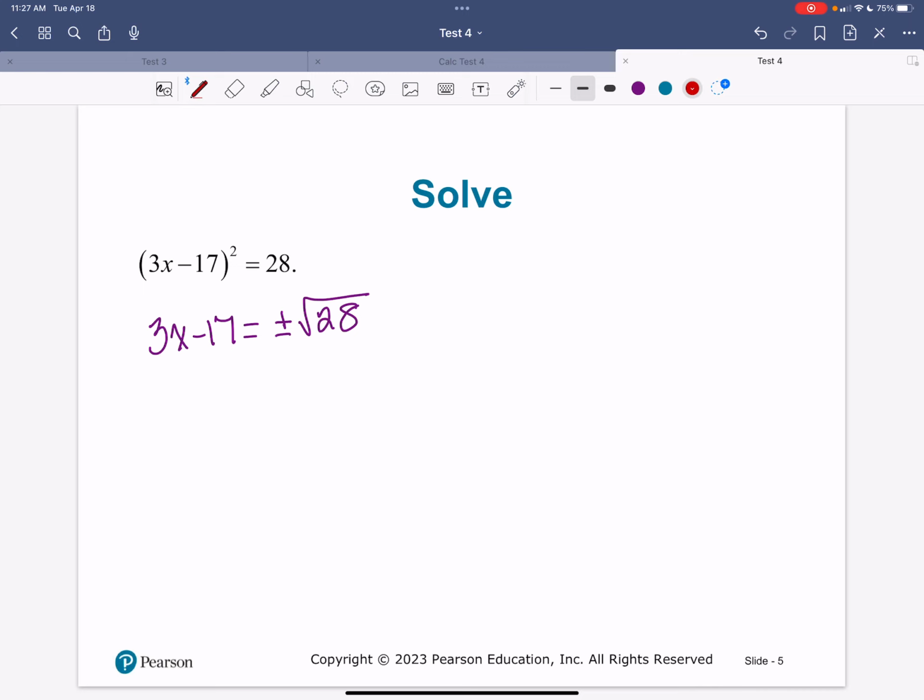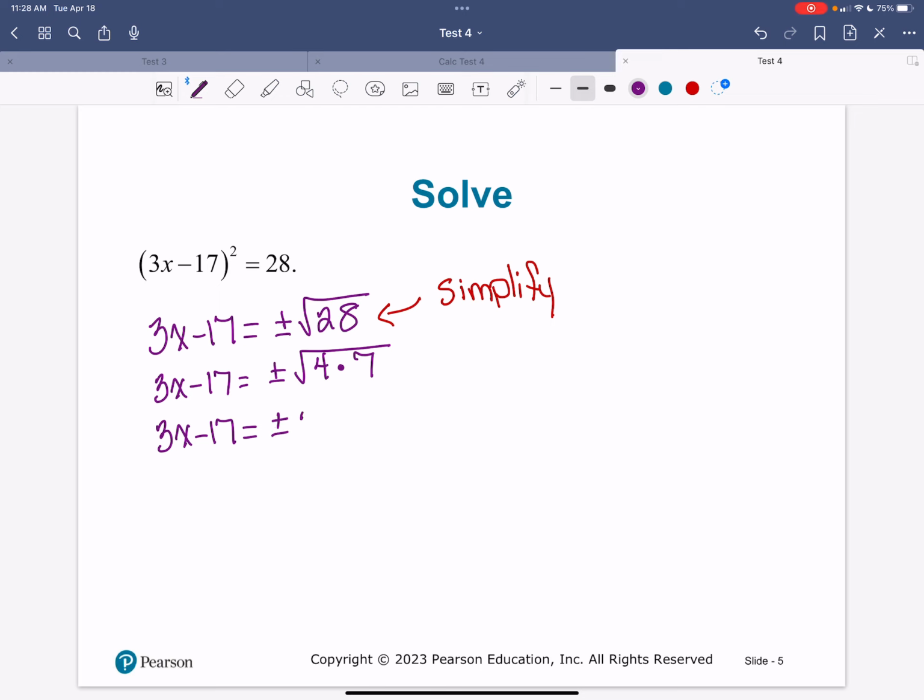Now I'm going to simplify this. What is a perfect square factor in 28? Good. So then I have plus or minus the square root of 4 times 7. So I have 3x minus 17 equals plus or minus 2 times the square root of 7.